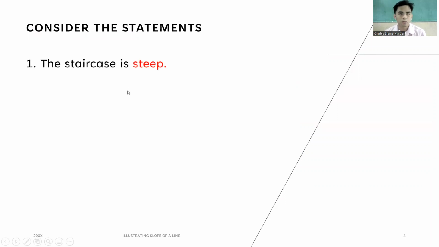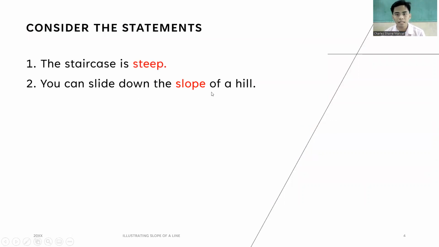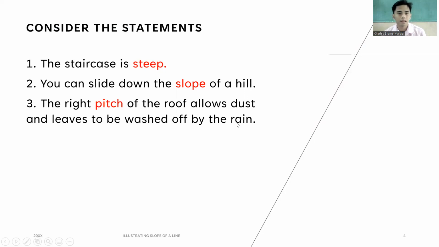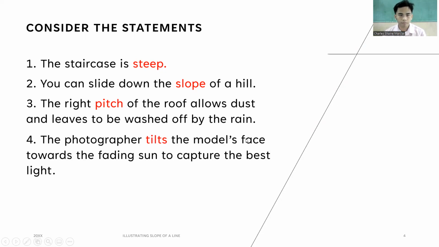Now, let's consider the statements here. So first, the staircase is steep. Second, you can slide down the slope of a hill. Third, the right pitch of the roof allows dust and leaves to be washed off by the rain.